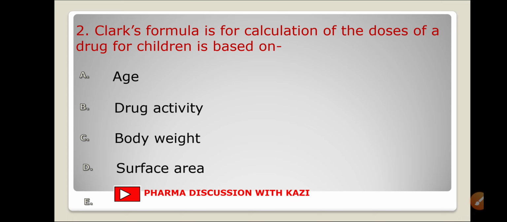We know that according to Clark's formula, child dose equals body weight in kg divided by 70 into adult dose, or child dose equals body weight in pounds divided by 150 into adult dose. So Clark's formula is related to body weight. So the correct answer is C.